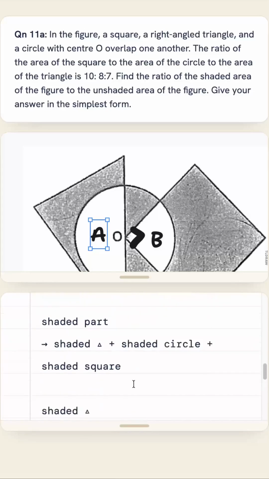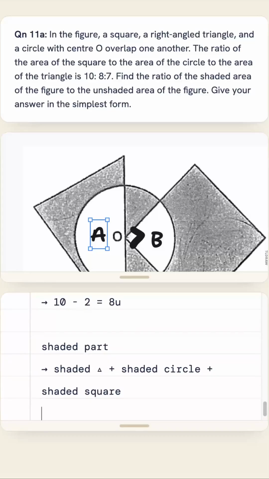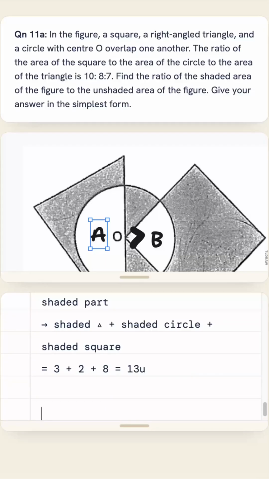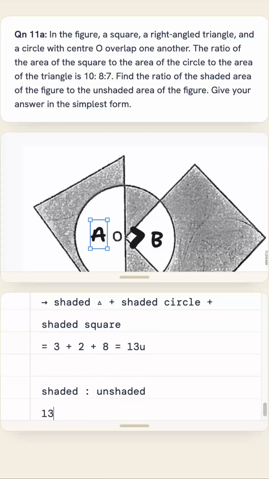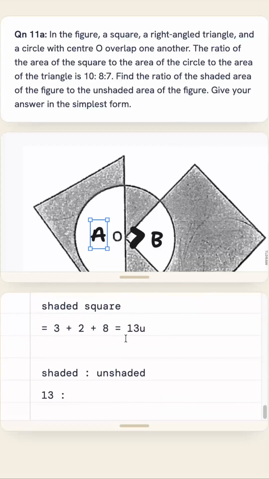So the total shaded part is the shaded triangle, 3 units, plus shaded circle, 2, plus shaded square, 8. And this will give us 13 units. So shaded to unshaded will be 13 is to 6. We scroll up for the unshaded is 6. There you go. So the answer is 13 is to 6.